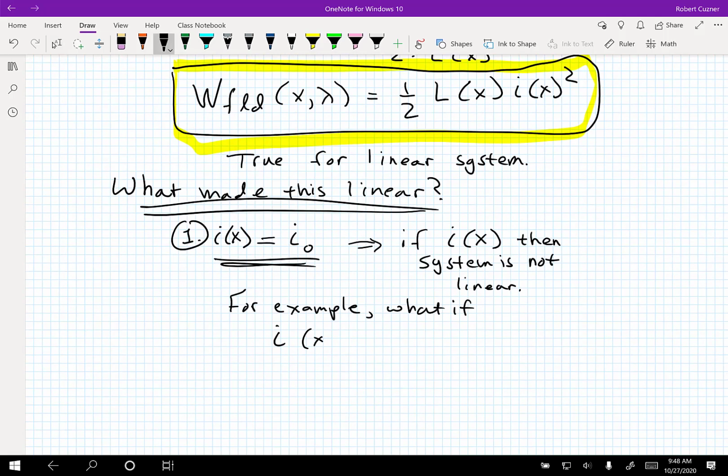But if we said I of x is equal to some capital value, inversely proportional to x, it's no longer linear.